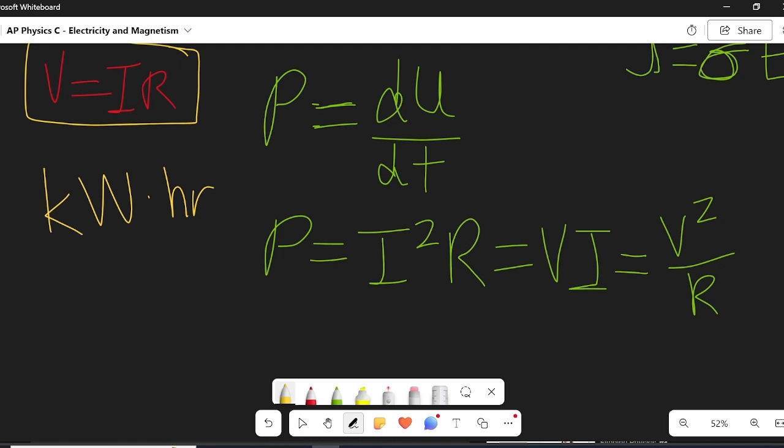It's very similar to what we have been using, except it's 1,000 watts times 3,600 seconds. As you can see, this is larger than a joule per second by a factor of 3.6 million, so by a whole lot.